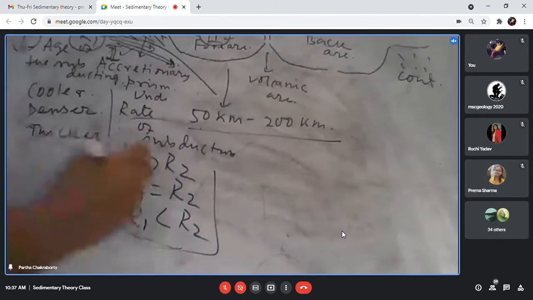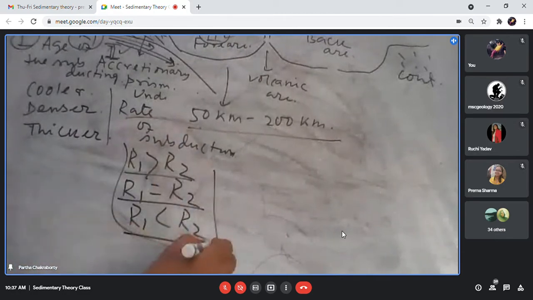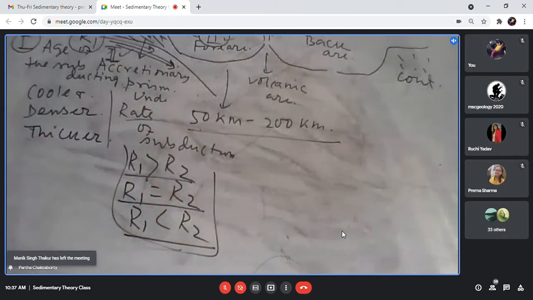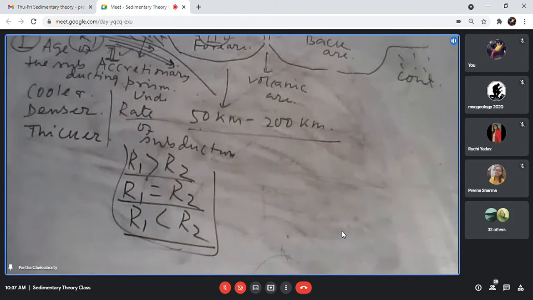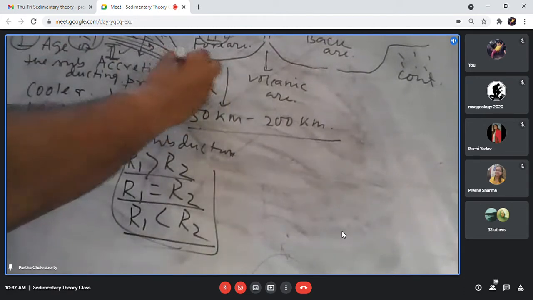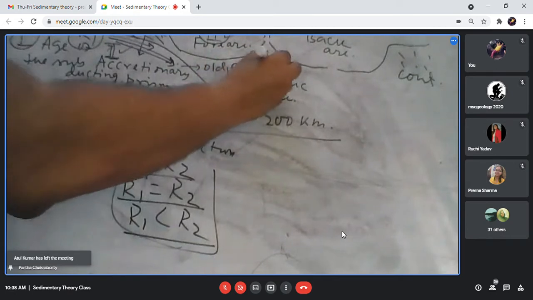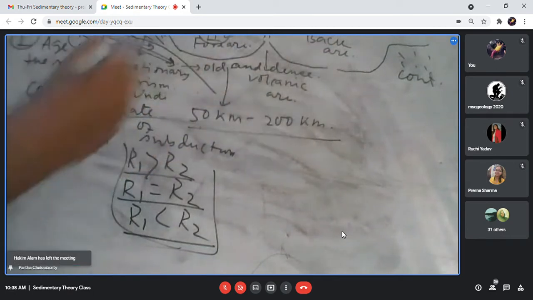Now, when will it be R1 more than R2, when R1 equal to R2, and when R1 less than R2? There are 3 cases. R1 will be more than R2 when the subducting slab is old and dense.